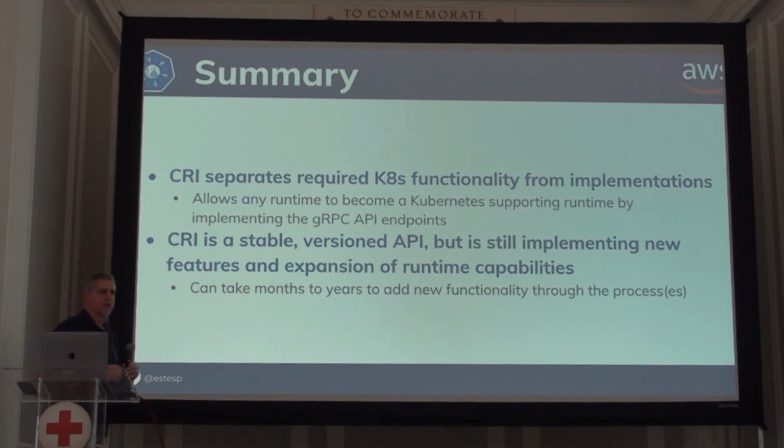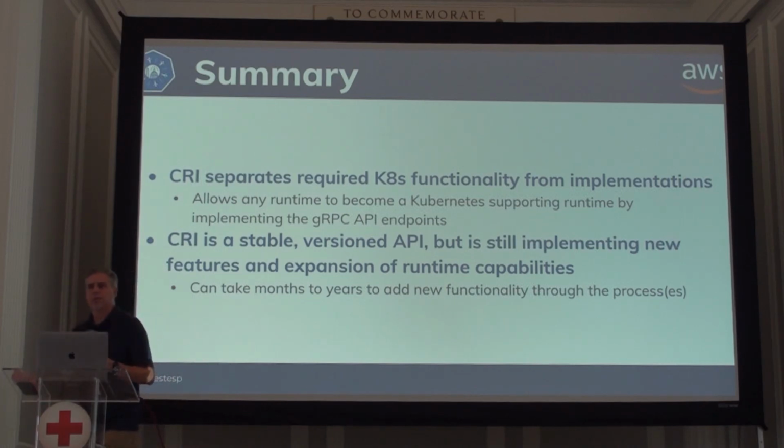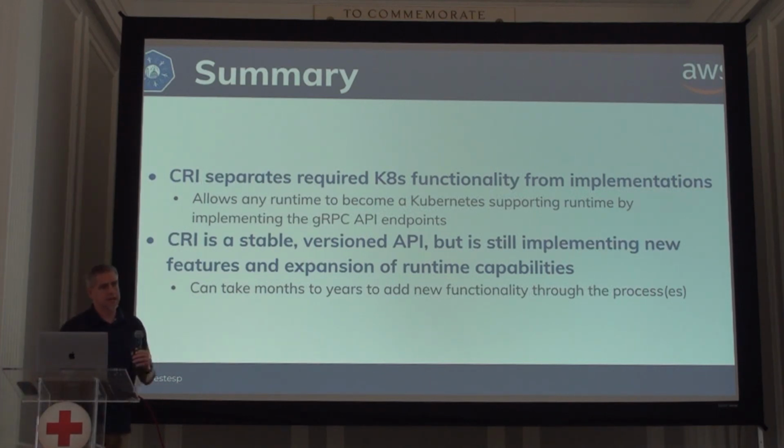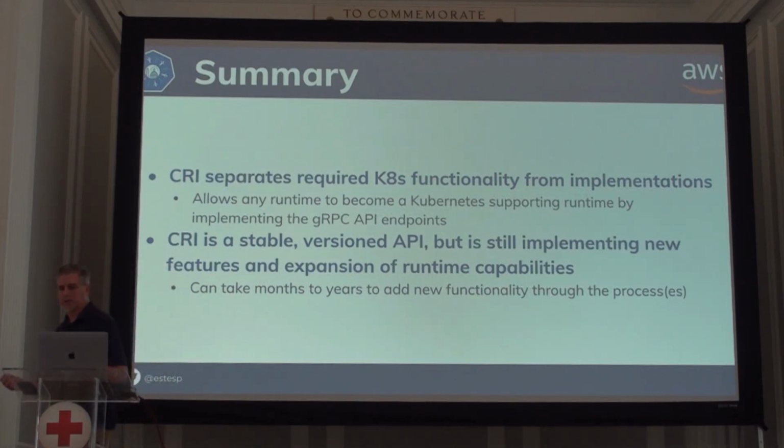So in summary, I wanted you to at least understand that there's been this abstraction between Kubernetes, how it thinks about what it needs to run, and the actual runtime implementation. This allows any container runtime to become a Kubernetes-supported runtime simply by implementing the gRPC API of the CRI.